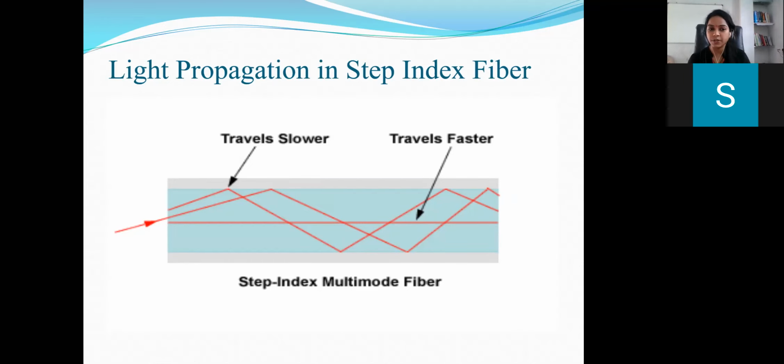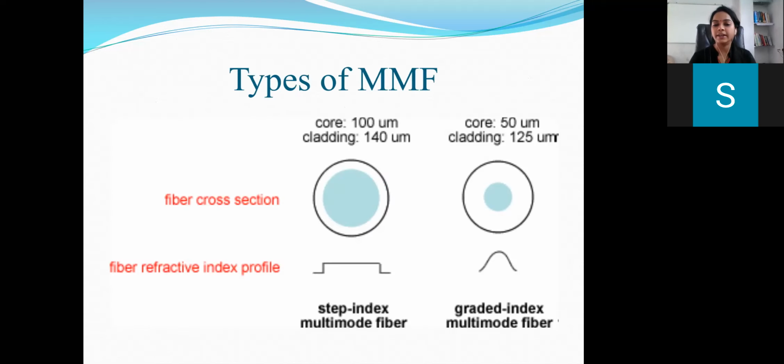What is the difference between step index and graded index? The diameter of core and cladding. You only have to remember what the diameter is for core and what the diameter is for cladding in multimode fibers.